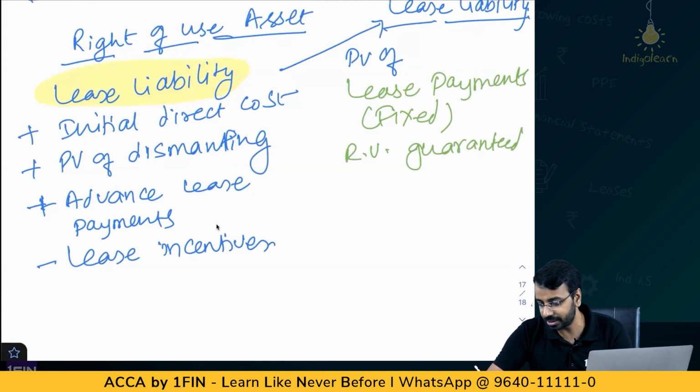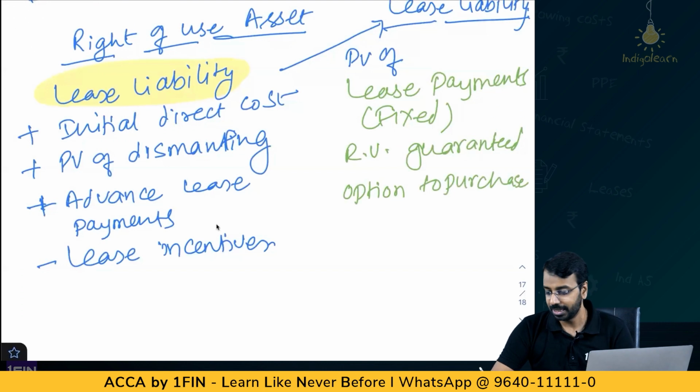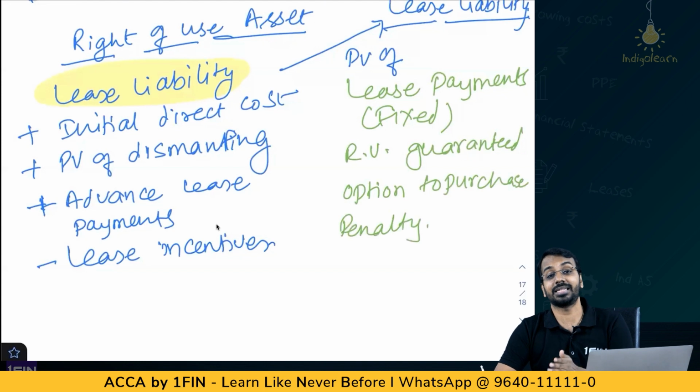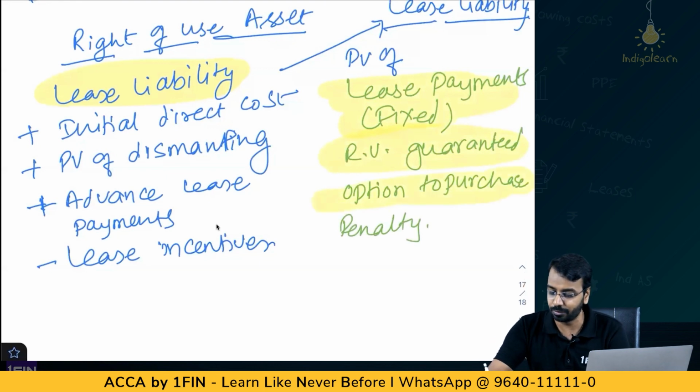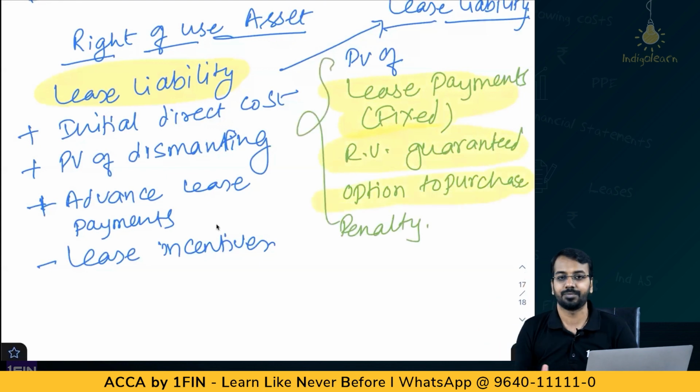Then, if at all there is an option to purchase, include that, if you are likely to exercise the option. Then penalty, if at all the lessee believes that the lessee will terminate the lease and a penalty would be payable. But for the examination purpose, largely you should focus on lease payments and residual value guarantee. In some cases, option to purchase. So what you do is you calculate the present value of all of these. The lessee is saying, listen very carefully, I as a lessee have to pay monthly fixed payments.